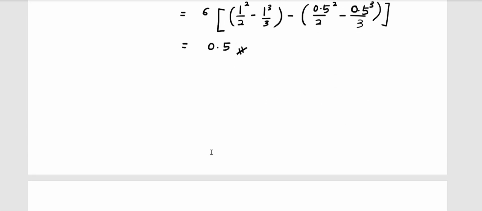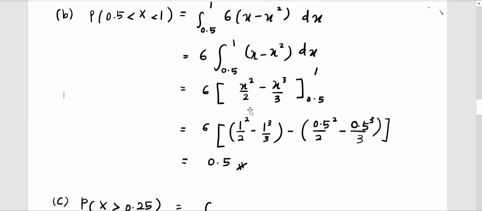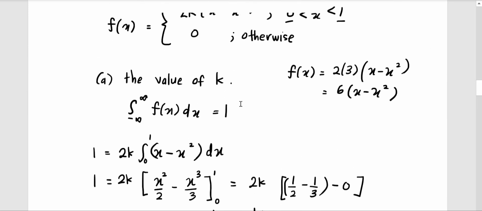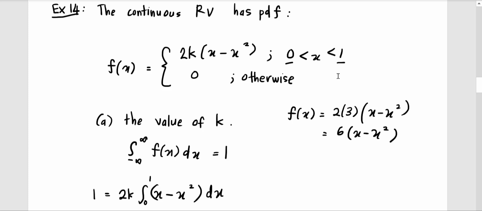Okay, now we look at question C. The question asks to find the probability when x is greater than 0.25. That means the lower limit is 0.25, and for the upper limit, if you see from the question, the maximum value of x is equal to 1.